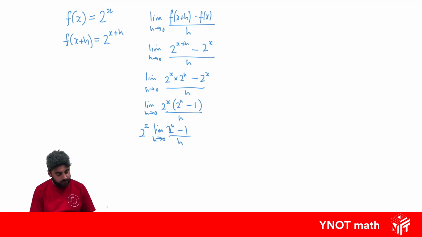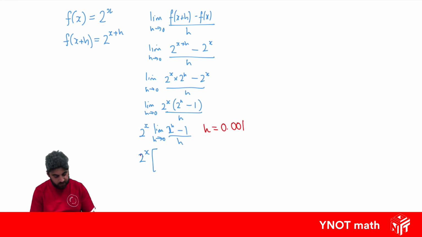Now, it's quite difficult to evaluate this limit, but what we can do is sub in some small values for h and see what's going on. So we're going to use h equals 0.001, and we're going to sub that in. That's going to leave us with 2 to the power of x.